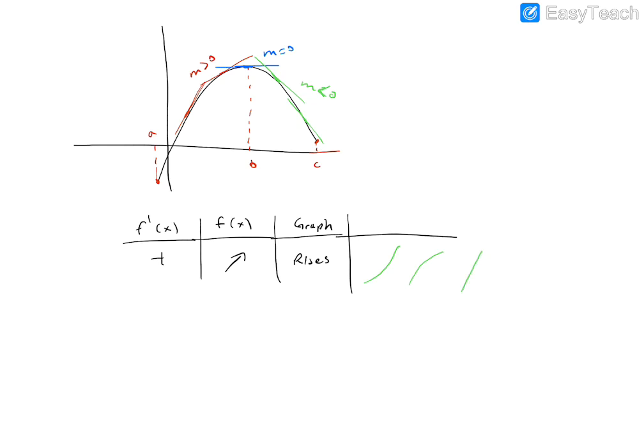If f prime is negative, f of x decreases, so the graph falls, with a shape like this one, or that one, or as a line. One of these graphs can occur.